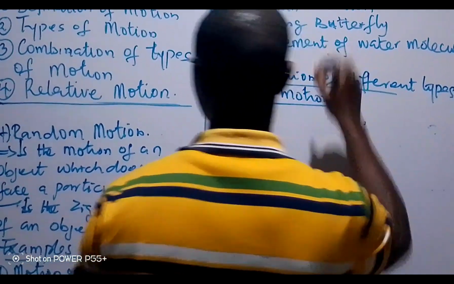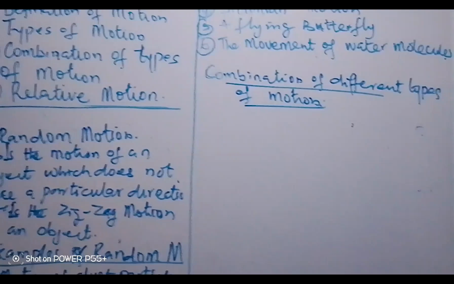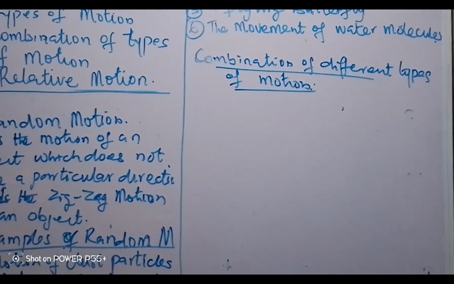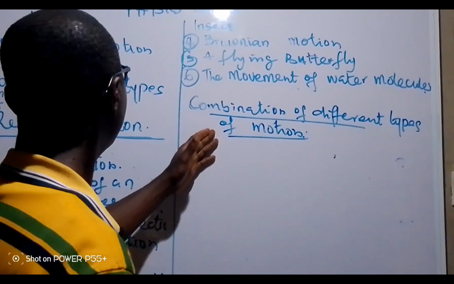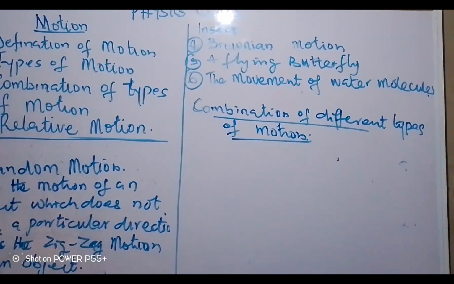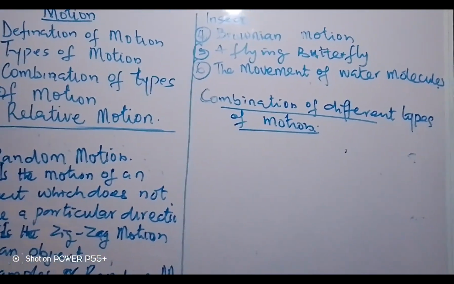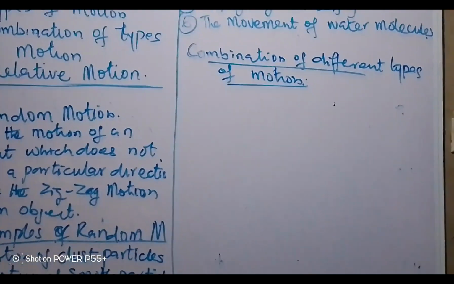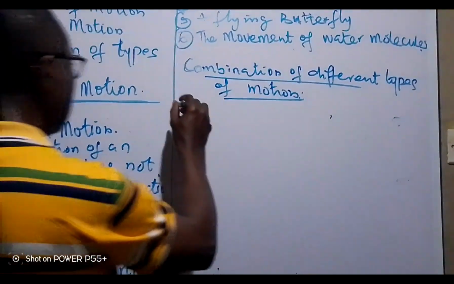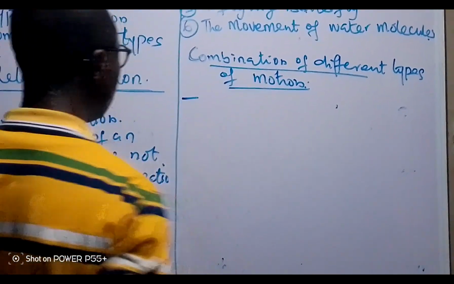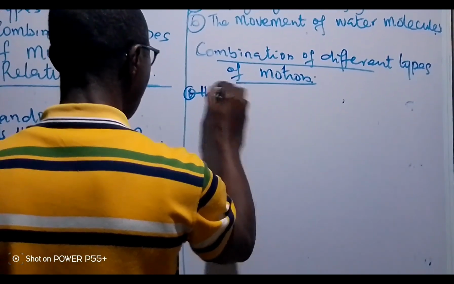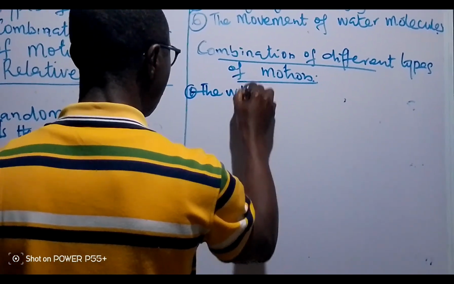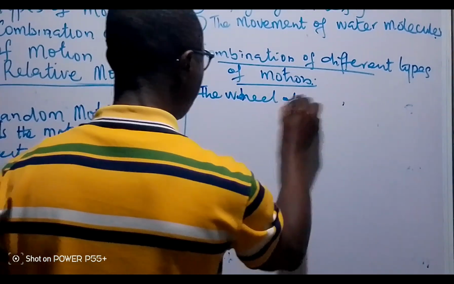That is, when we say combination of different types of motion, the motion of an object can combine two or more types of motion together. For instance, number 1, the wheel of a moving vehicle.